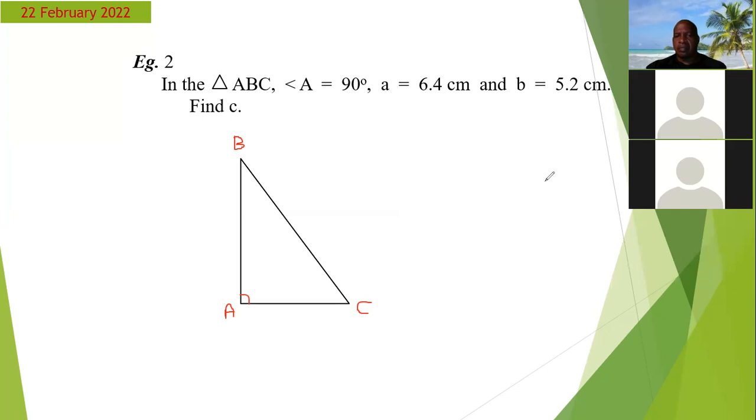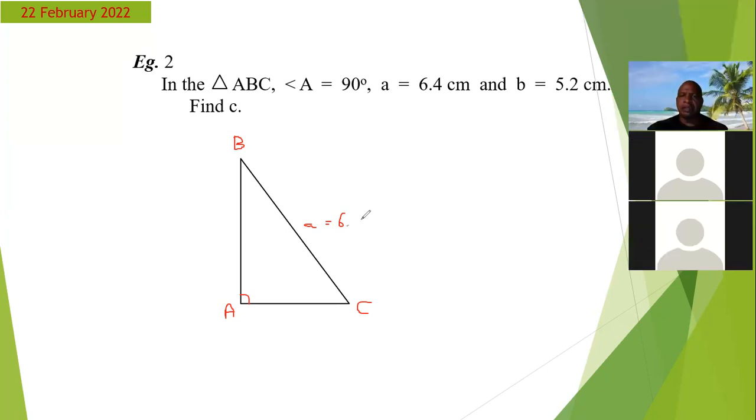Now the side opposite the right angle, the hypotenuse, would be labeled as small a, with a measurement of 6.4 centimeters. Everybody is clear on which side is opposite to the hypotenuse? All right, Miss Jamal.